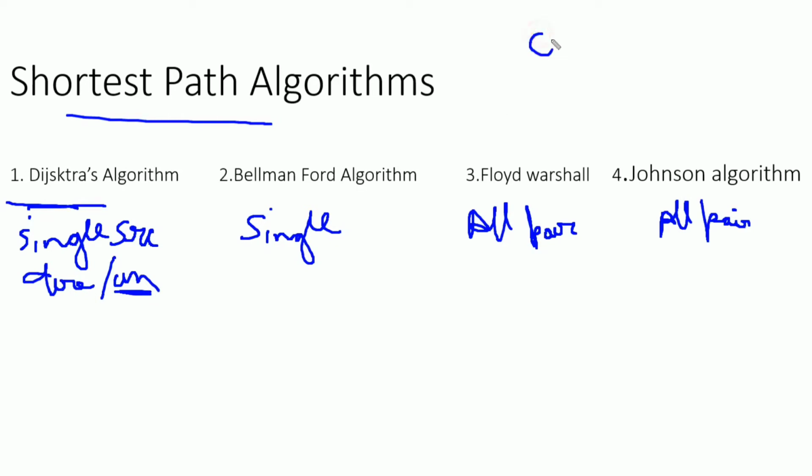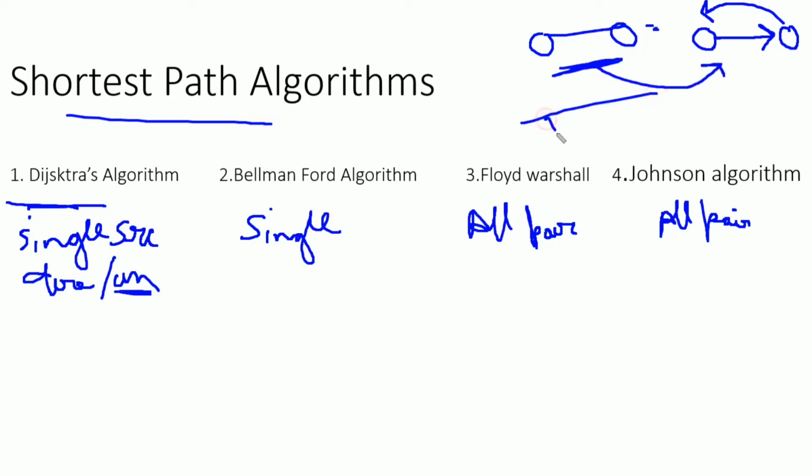As we know, an undirected graph is nothing but a directed edge from U to V and a directed edge from V to U. So we can represent an undirected graph in terms of a directed graph, and we can use these algorithms to solve the problem. Similarly, Bellman-Ford can be applied on directed and undirected graphs. Floyd-Warshall also works on directed and undirected; what we need to do is convert the undirected graph to a directed graph. Johnson algorithm is also for directed and undirected.